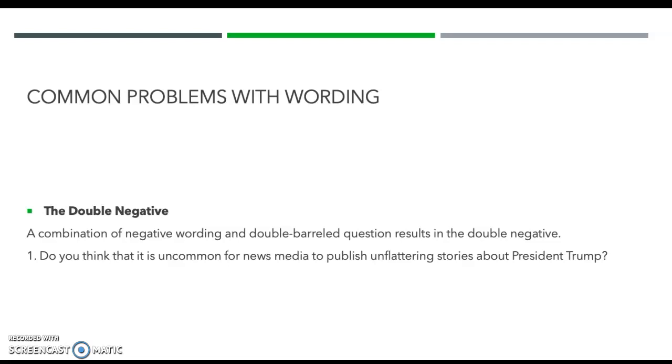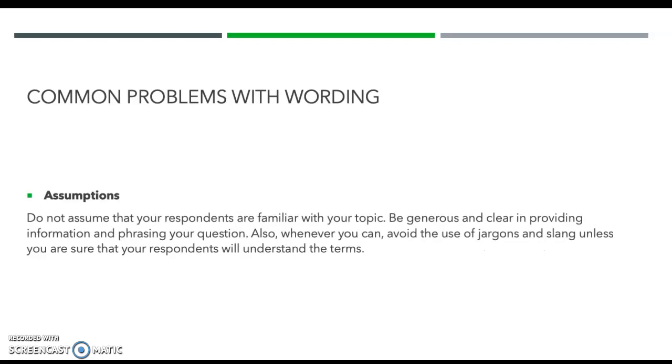"Do you think that it is uncommon for news media to publish unflattering stories about President Trump?" Oh, this is for sure going to be confusing for your respondent. So I would try my best to avoid formulating this kind of question when I'm creating or designing a survey.